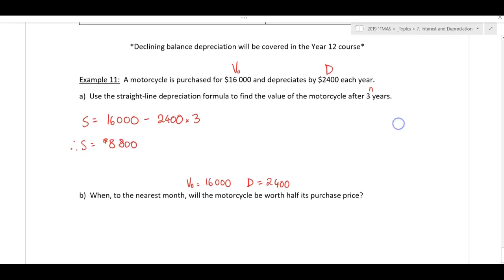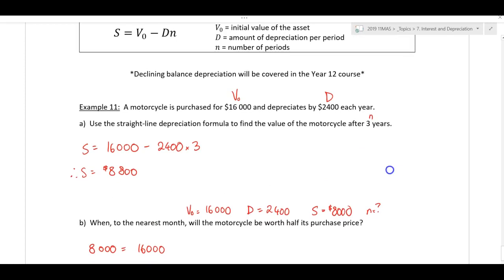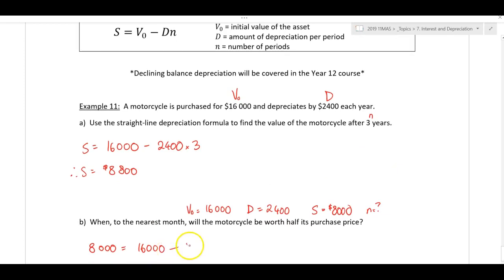I am going to say that S, half its purchase price, is equal to 8,000. And N is my unknown. So, 8,000 is equal to 16,000 minus 2,400 by N.